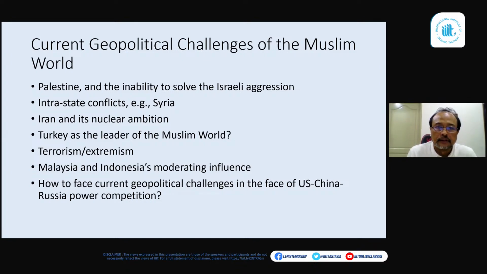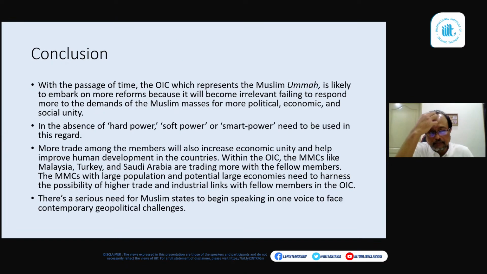So my conclusion is that the OIC should be revamped, should be reformed to play a more dynamic role. And Muslim states probably still lack hard power, but we can use some soft power, the power of influence or culture.